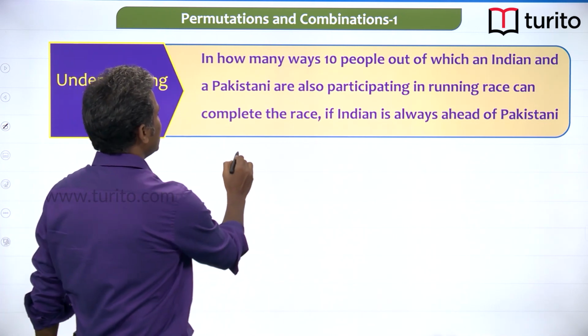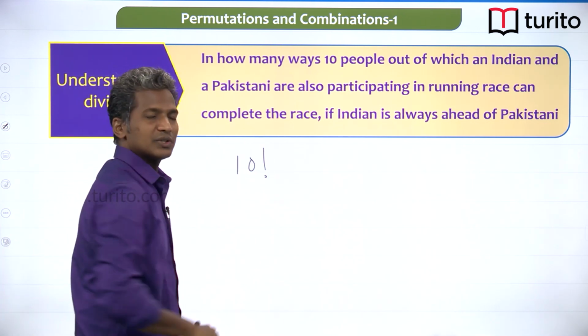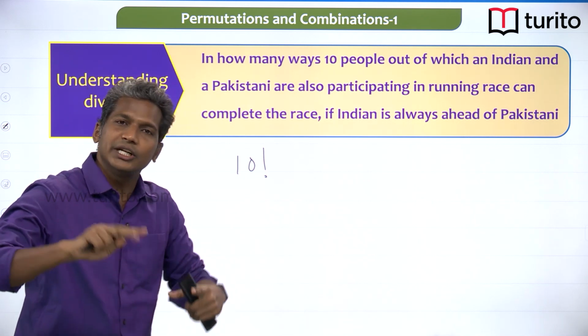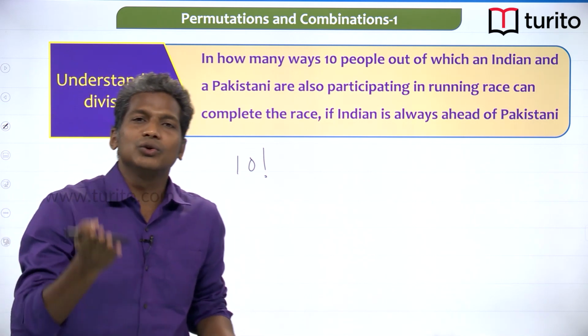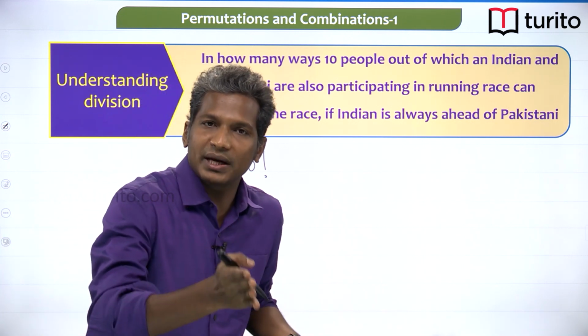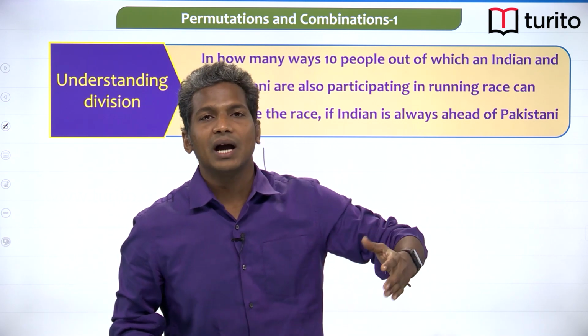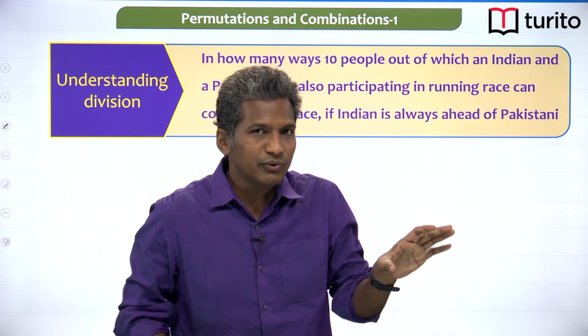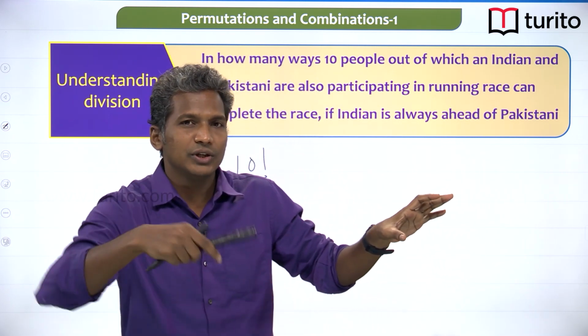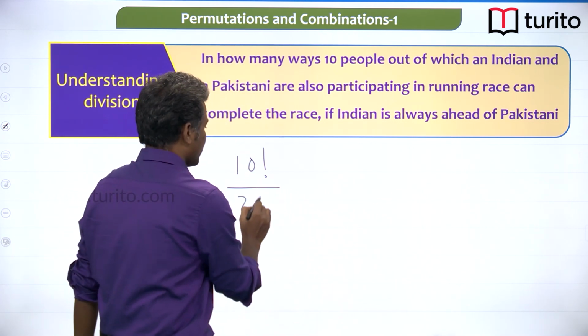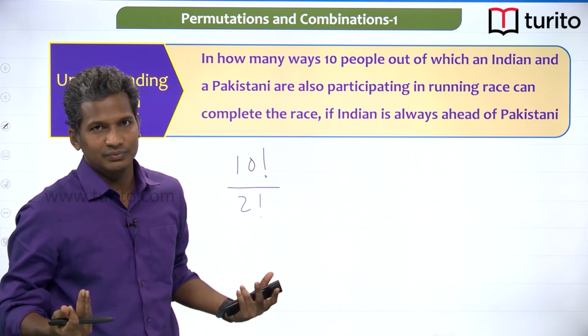Total how many possibilities are there? 10 factorial possibilities. Now, if we split this 10 factorial into 2 groups, in one group the Indian will be ahead of the Pakistani, in the other group the Pakistani will be ahead of the Indian, but we do not want that group, we only want the first group. So, what we do is divide by 2 factorial, or divide by 2.